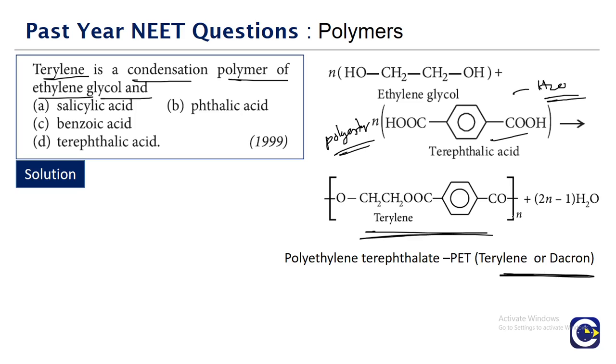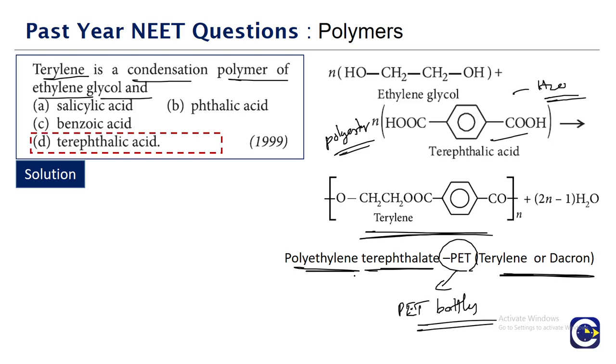These are the commercial names, and the polyester form is what we call polyethylene terephthalate, in short PET. This is what is used in PET bottles. The two commercial names for this are terylene as well as Dacron. So the correct answer is option D, ethylene glycol along with terephthalic acid. It will give us terylene.